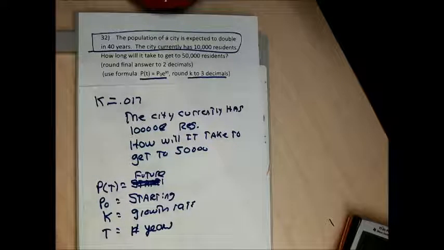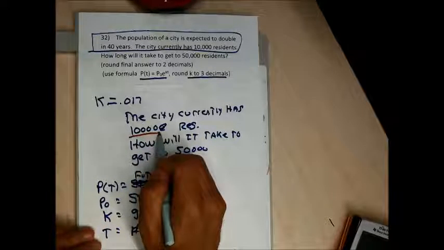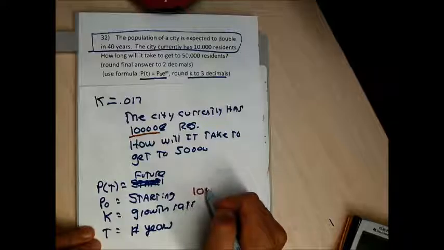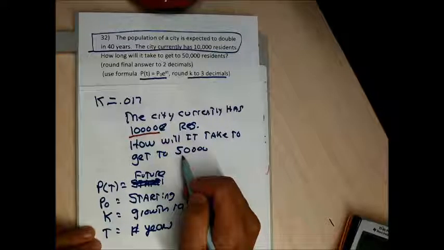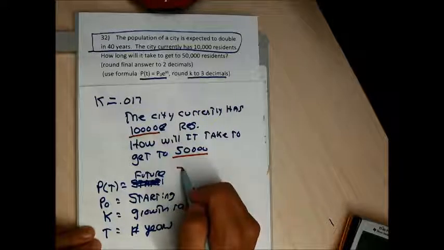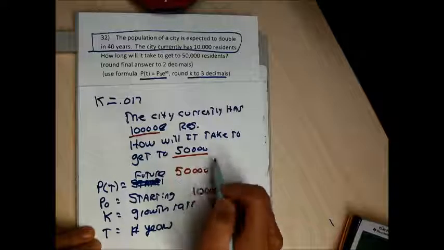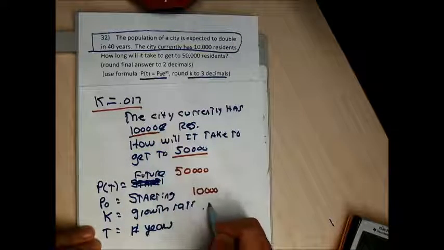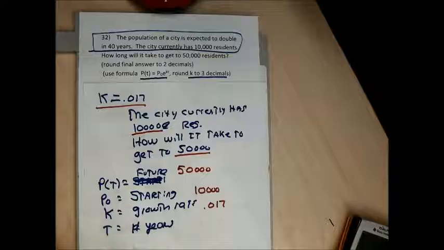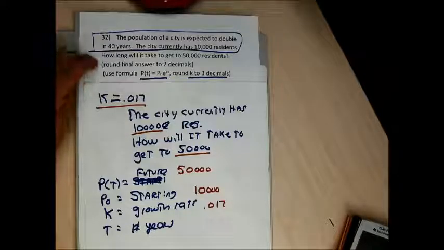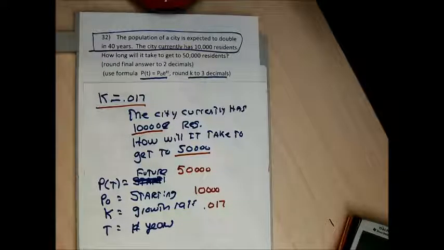So as I read through what I have written down here, the city currently has 10,000 people. That's the starting number of people. How long will it take to get to 50,000? 50,000 is the future amount of people. And I figured out the k from the last step of the problem using the first 2 sentences. I'm going to plug those numbers into the formula, and I'll be able to answer the question, how long will it take? And it's going to be in years again.